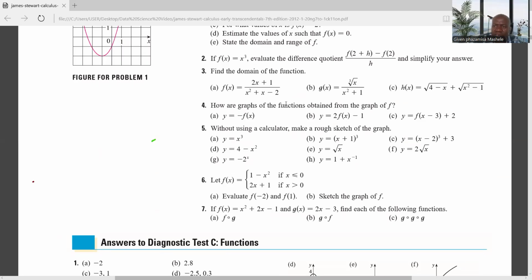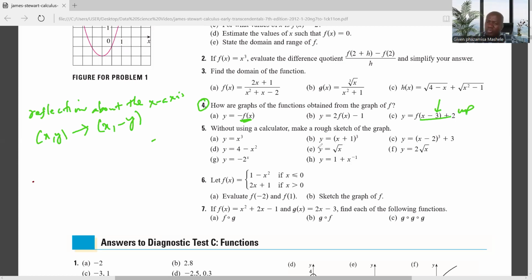If you look at number 4, we know that this is a reflection about the x-axis. X does not change. What changes is the y.